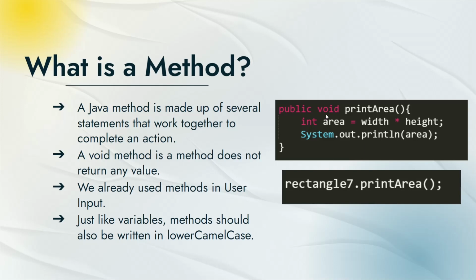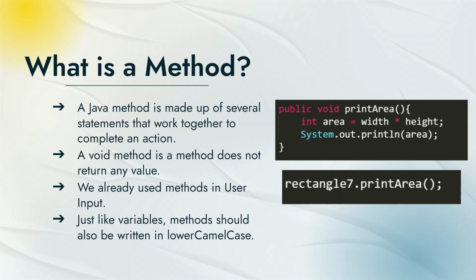So this is a very, very simple method. You can have much more complicated methods. But what I did here is I said int area equals width times height, and then I said System.out.println(area), which prints it to the console. And this is what I did: I ran this in the main method.